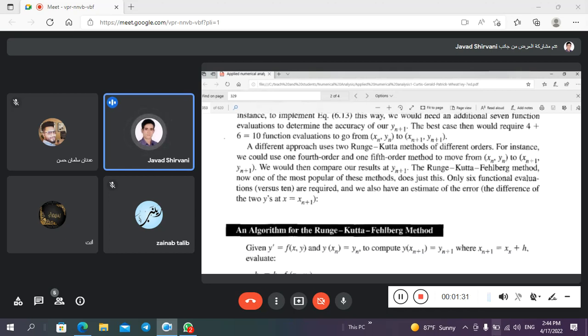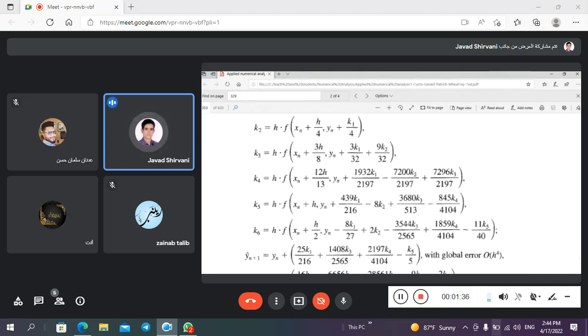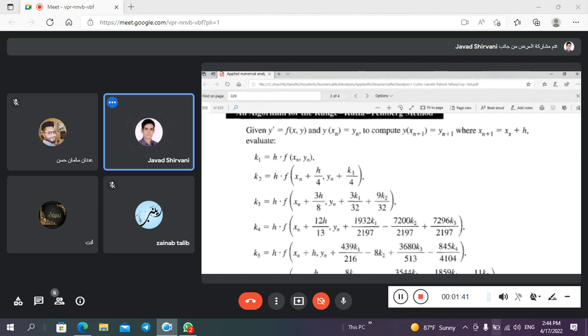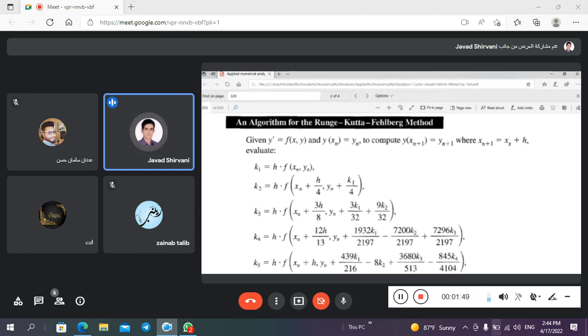which uses more steps to solve the differential equation numerically. For example, the algorithm for the Runge-Kutta-Fehlberg method we have here. We have a differential equation, for example, y prime equals f(x,y), and y(xn) equals yn.